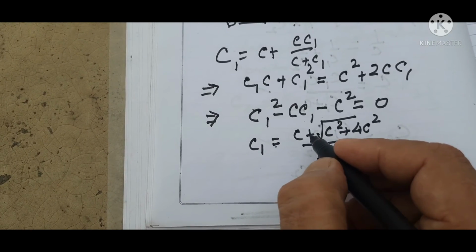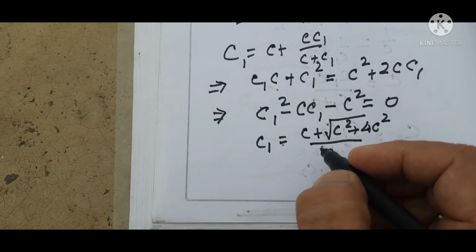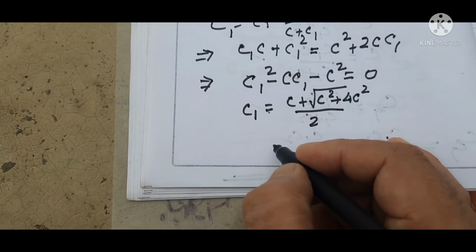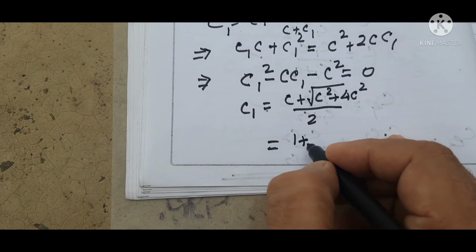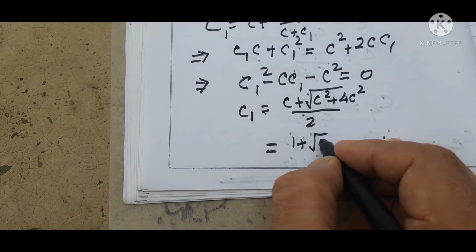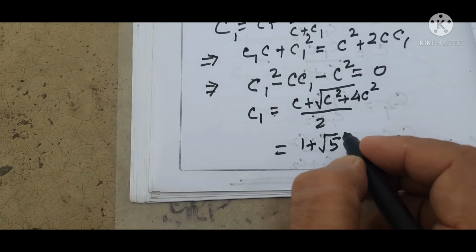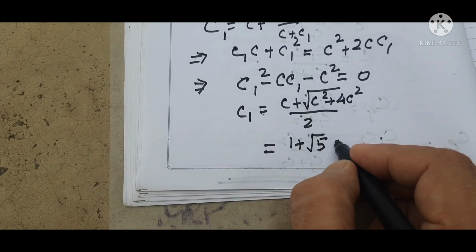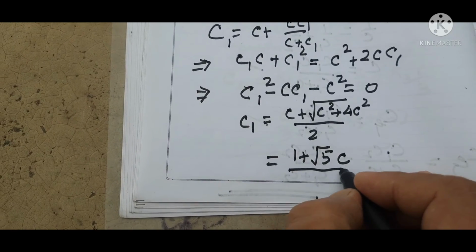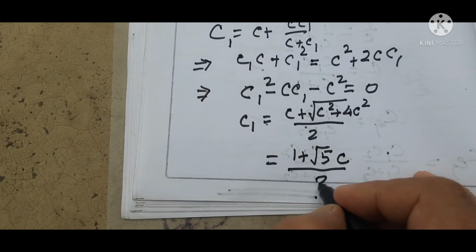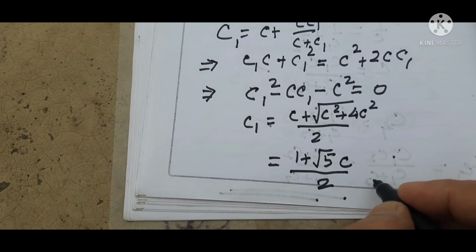Here it is plus minus, and we neglect the minus term. That will be 1 plus root 5 into C by 2. That should be the answer.